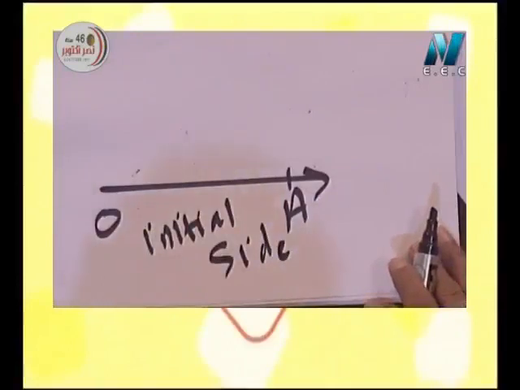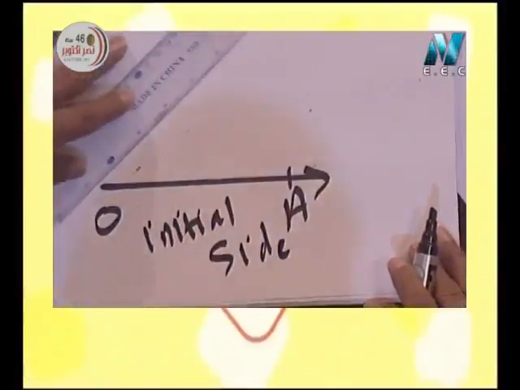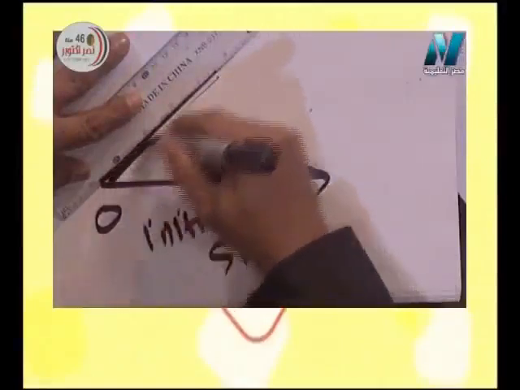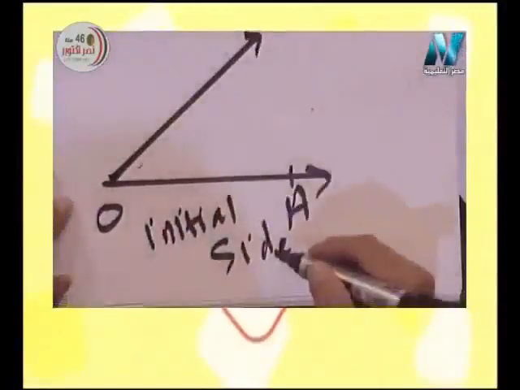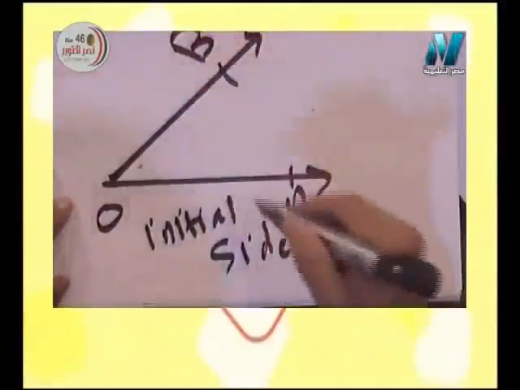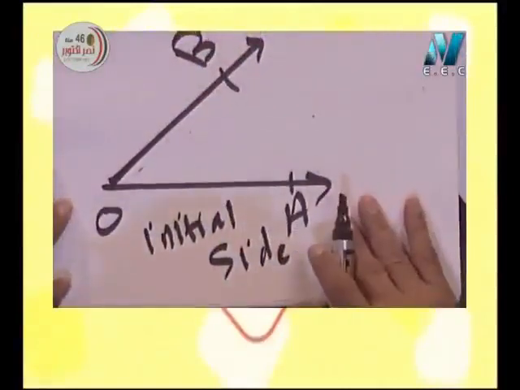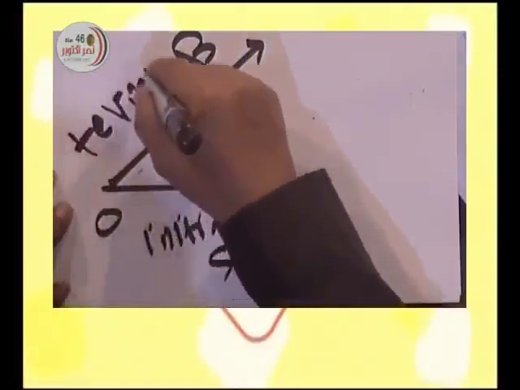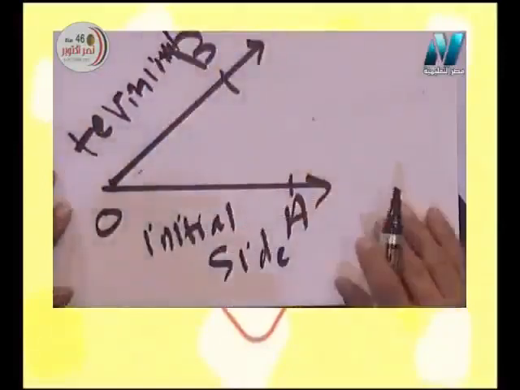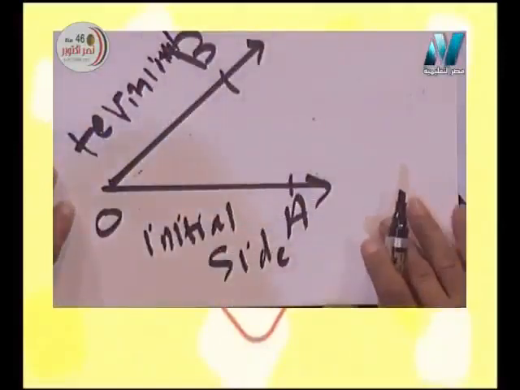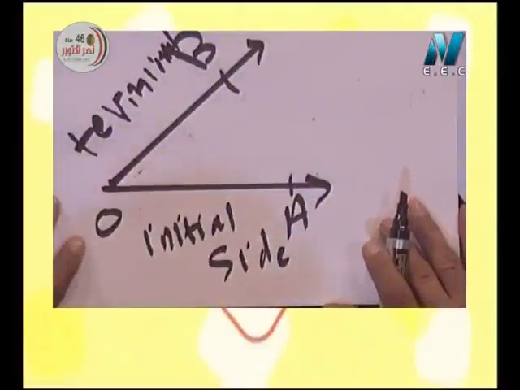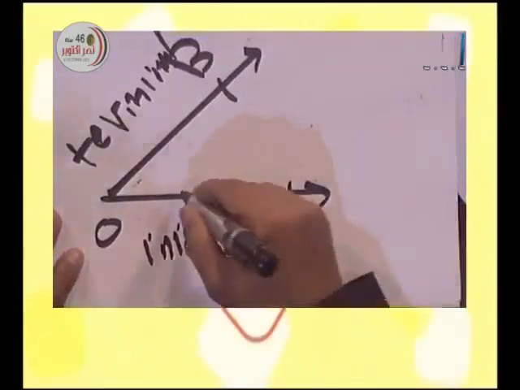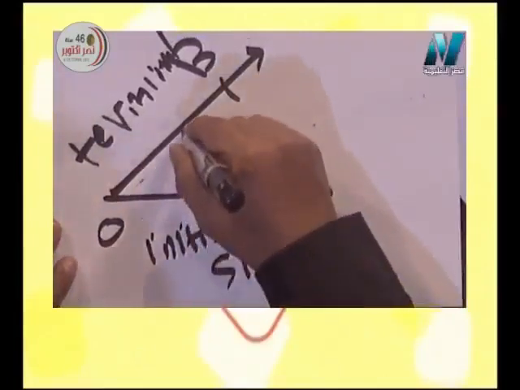Then another ray like that, OB, and we call it the terminal side. This angle we call directed because of directions. We have here the direction.